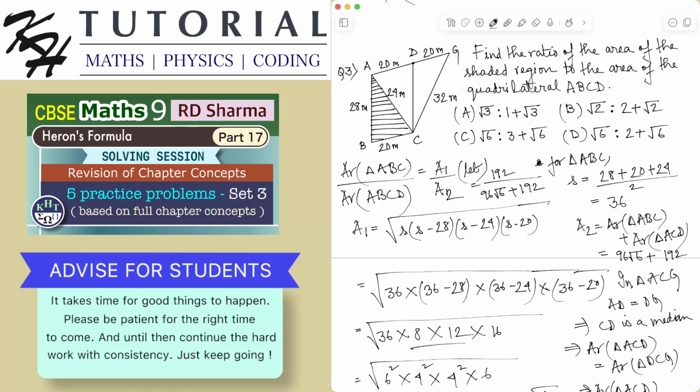If I divide both the numerator and the denominator by 96, this will become 2 by square root of 6 plus 2. So the ratio should be 2 is to 2 plus square root of 6.